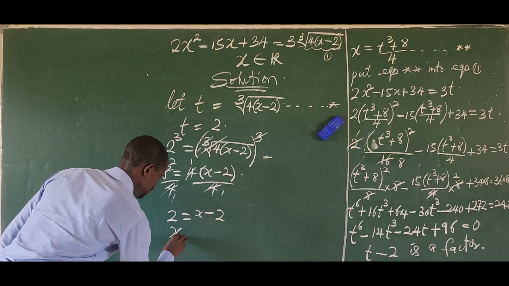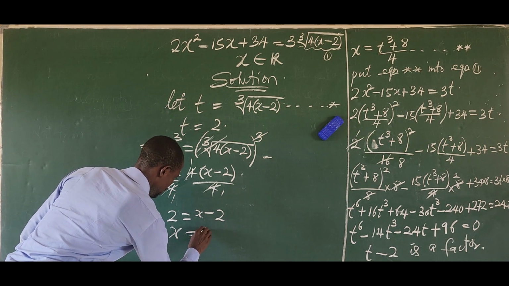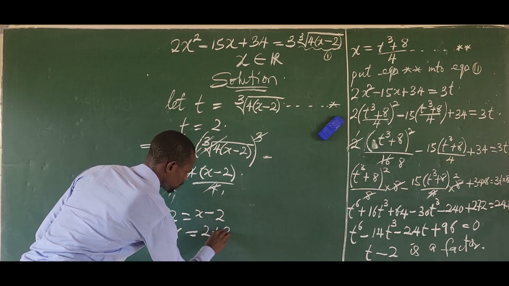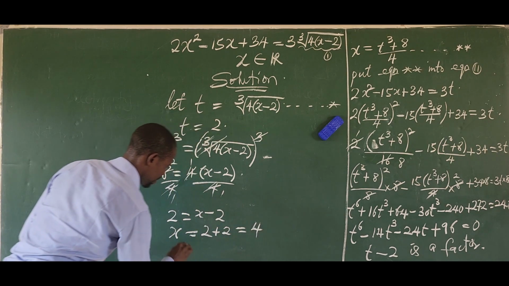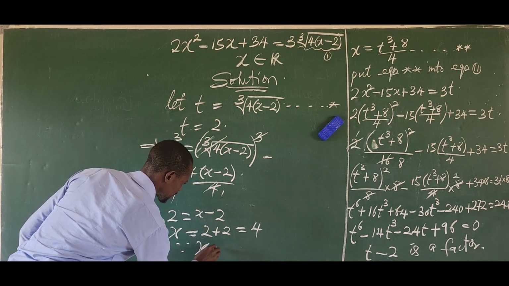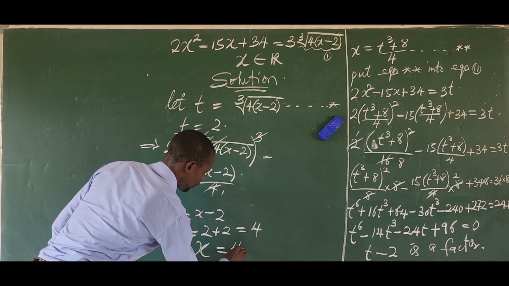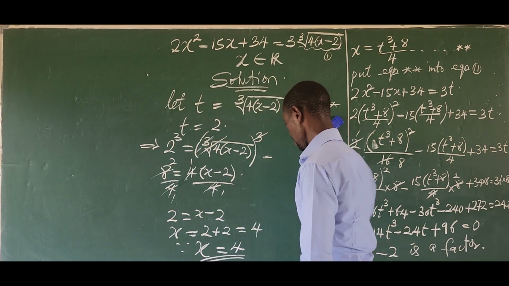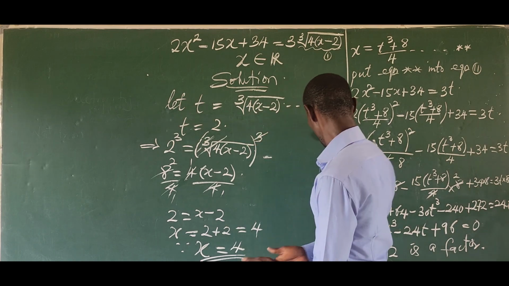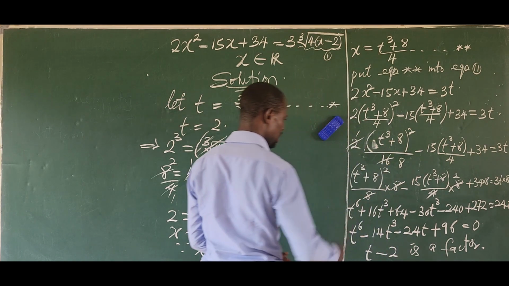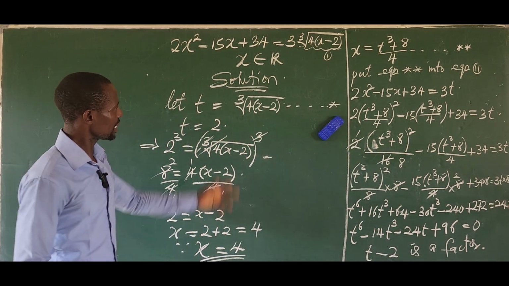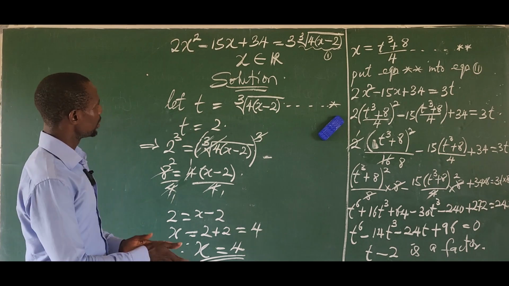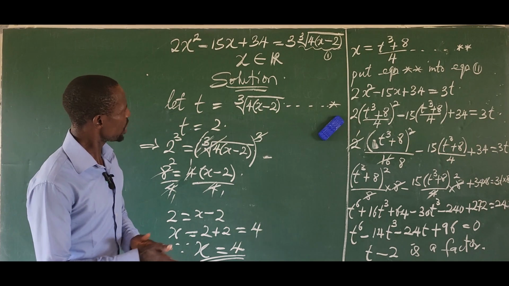So this is going to give us x is equal to 2 plus 2, which is equal to 4. So therefore, x is equal to 4. So 4 is the only real number from the set of 6 roots that can actually satisfy this radical equation.